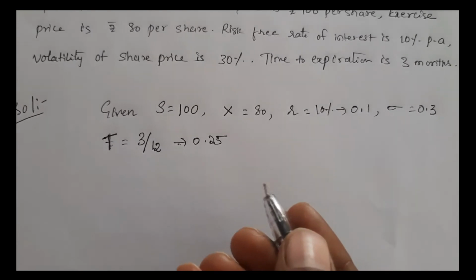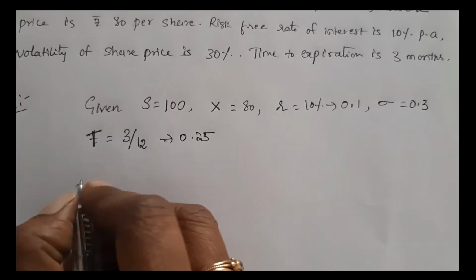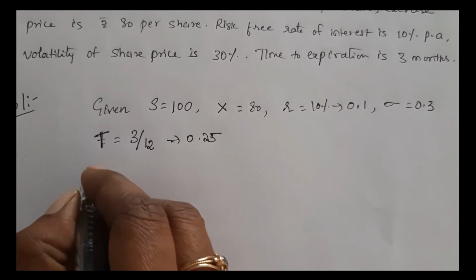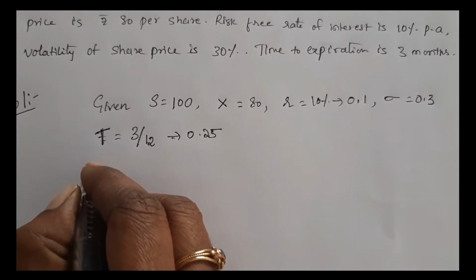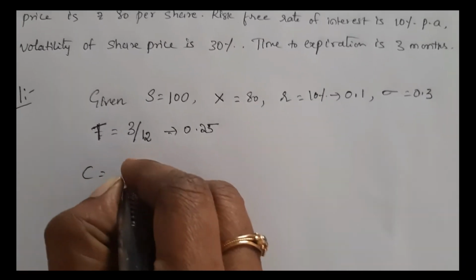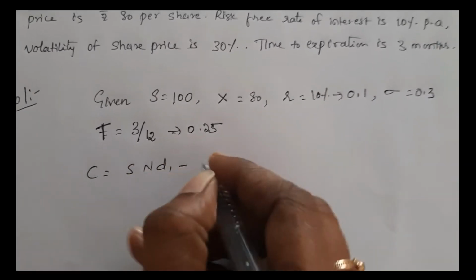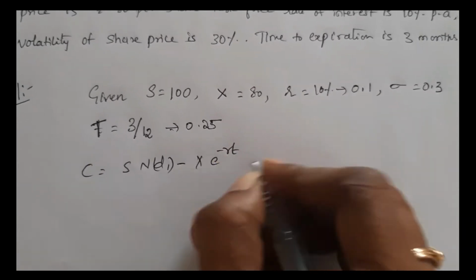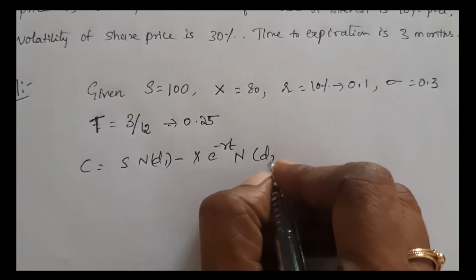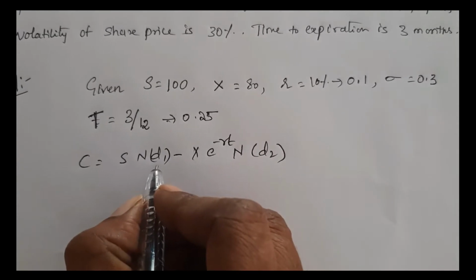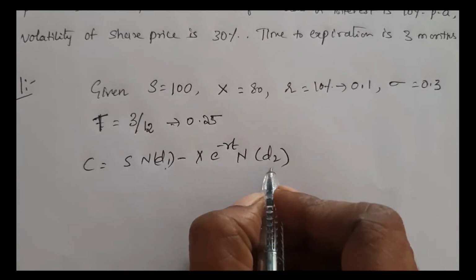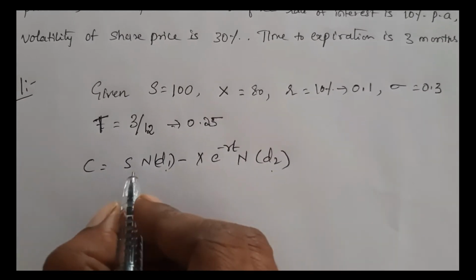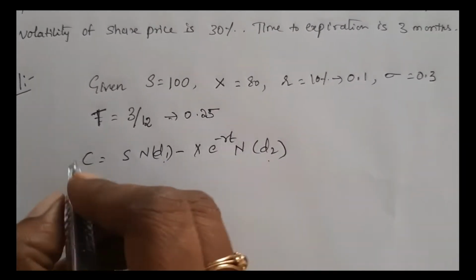Now we have a formula of call option price calculation using Black and Scholes model. That is C is equal to S N(d1) minus X e to the power of minus RT N(d2). So we need to calculate d1 and d2 initially, then N(d1) and N(d2) later on. Then we can apply everything into this formula.